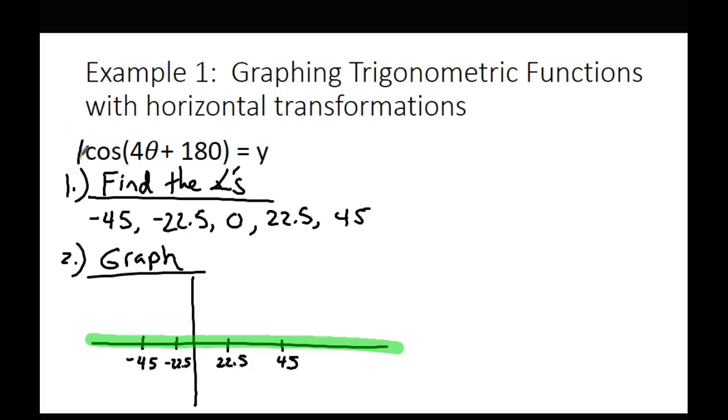So there's no plus k, so that's 0, and the amplitude is 1. So we're going to go up 1 and down 1, and we just graph like normal. So cosine, where does cosine start? Max, mid, or min? Starts at the max. So I'm going to start way up here at negative 45. That's my new starting angle. And then after that, you just continue the pattern like normal.